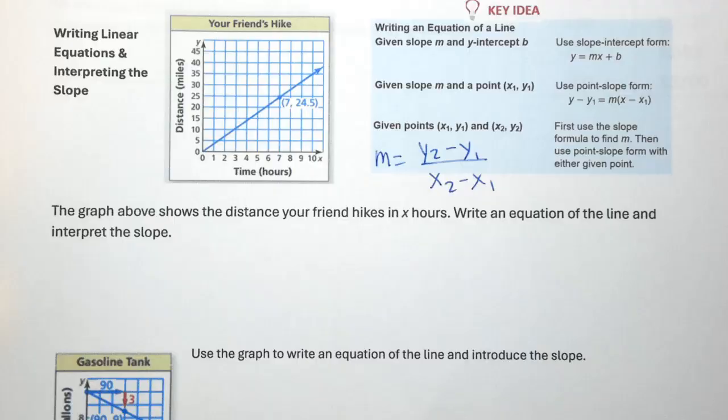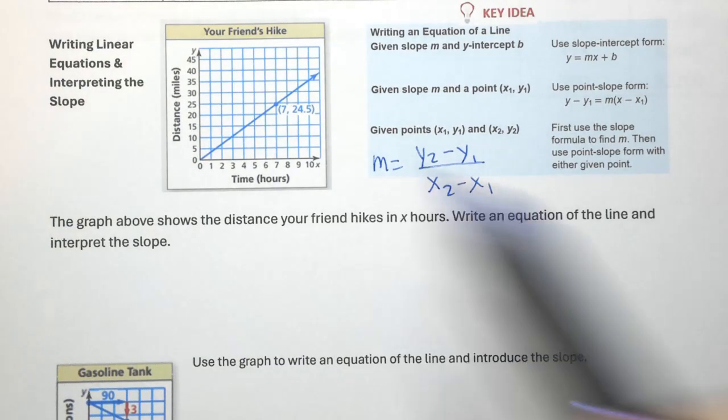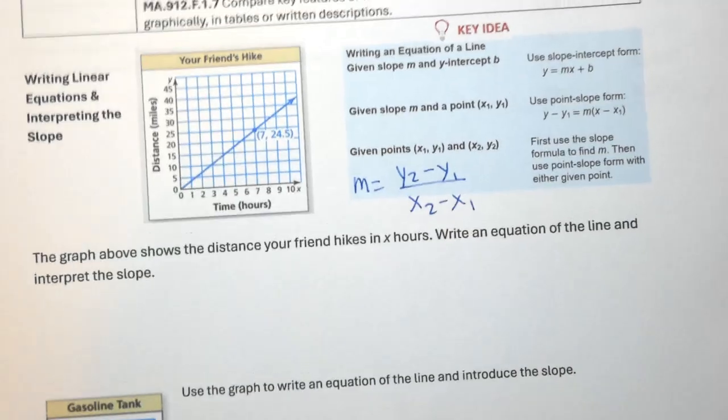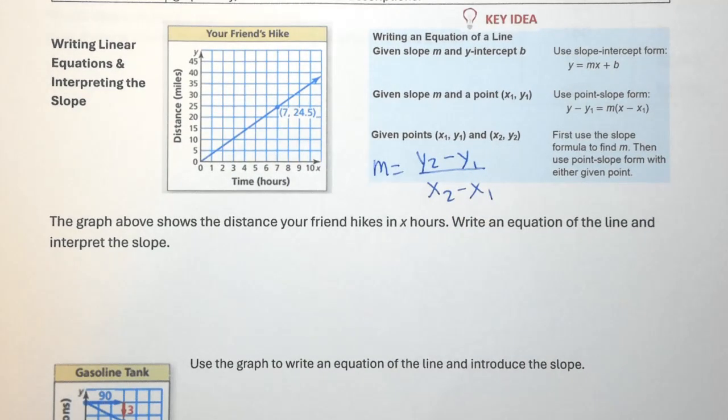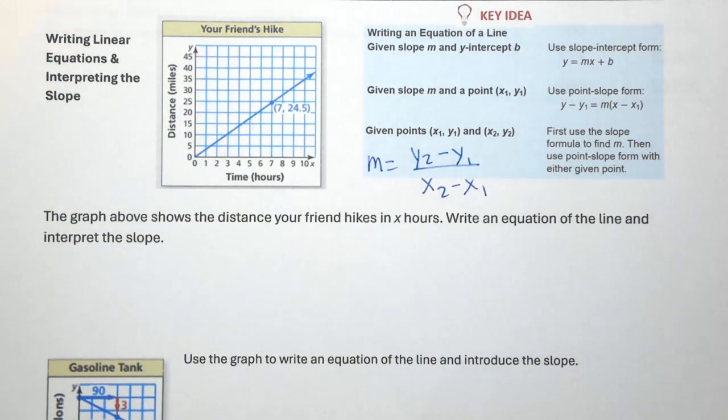So we're writing a linear equation and interpreting slope. The graph above shows the distance your friend hikes in x hours. Write an equation of the line and interpret the slope. So we're looking for what information is given to us. I can see right here that this is my y-intercept.